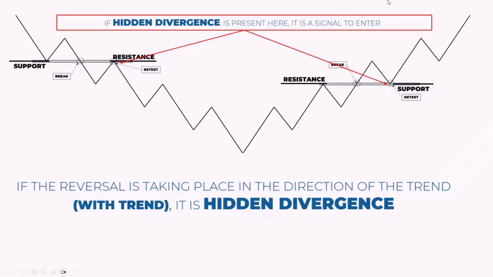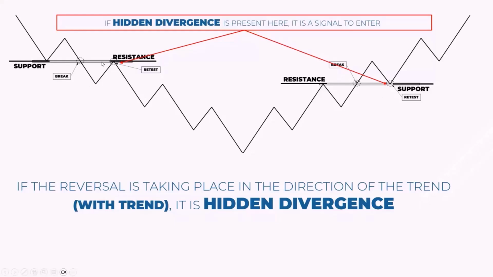And usually if you find hidden divergence, you're going to find a moving average acting as support or a moving average acting as resistance. So hidden divergence usually happens where there's a moving average. Then you're probably going to find a retest of old resistance turn support or old support turn resistance.